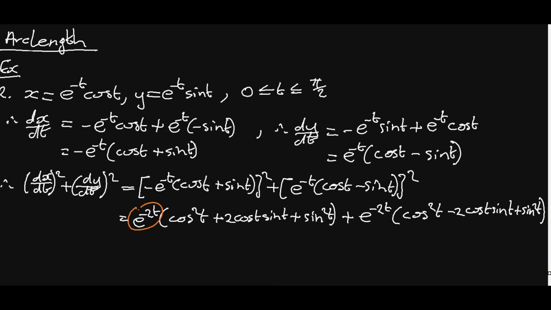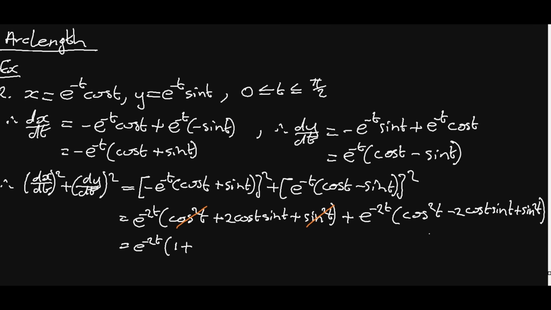Okay, so the exponent is common, as you can see. The exponential function appears in both of these terms, so we can write it once. So this will be e raised to minus 2t. Then we open up all of these brackets. The cos squared and the sine squared here, as you can see, will give us a 1, plus.